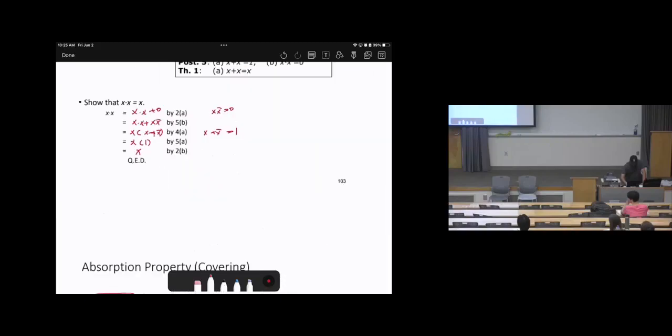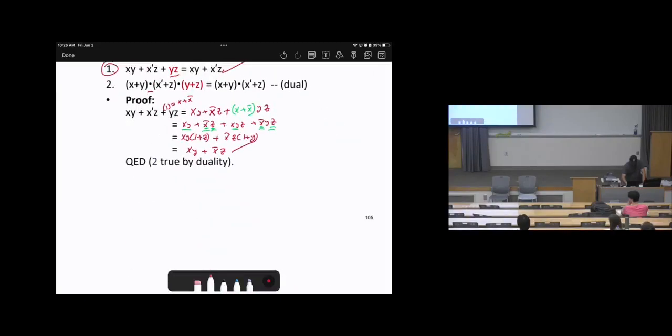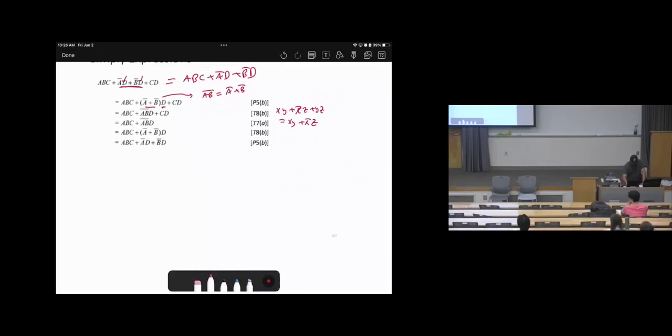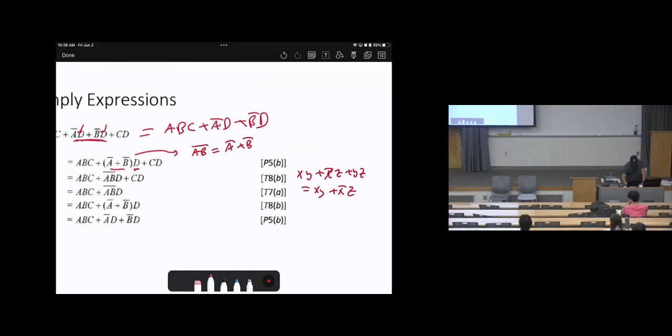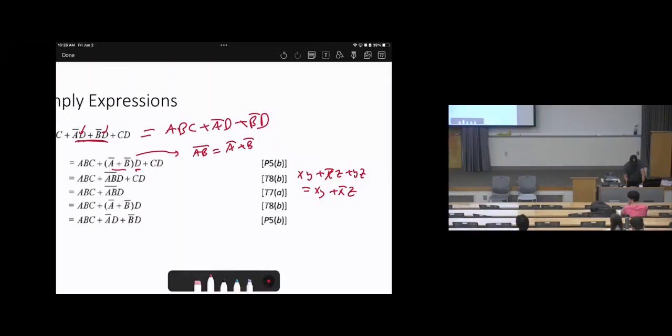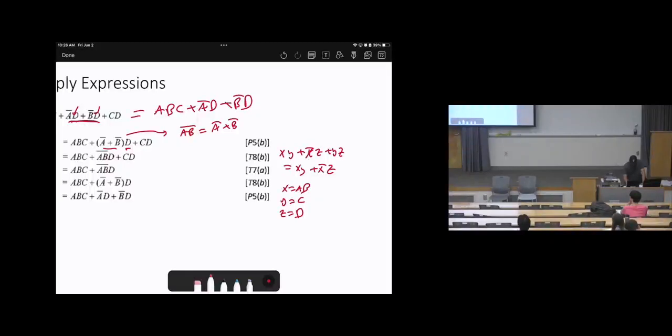So how can we do it? Again, I figured it out by looking at the table. Now, we have symbols. We don't have X and Y. What we will do, we can substitute, instead of X, make it AB, substitute Y as C, and substitute Z as D. So as a result, it will be like this: AB times C plus (AB) bar times Z, which is here D, plus YZ, which is CD.